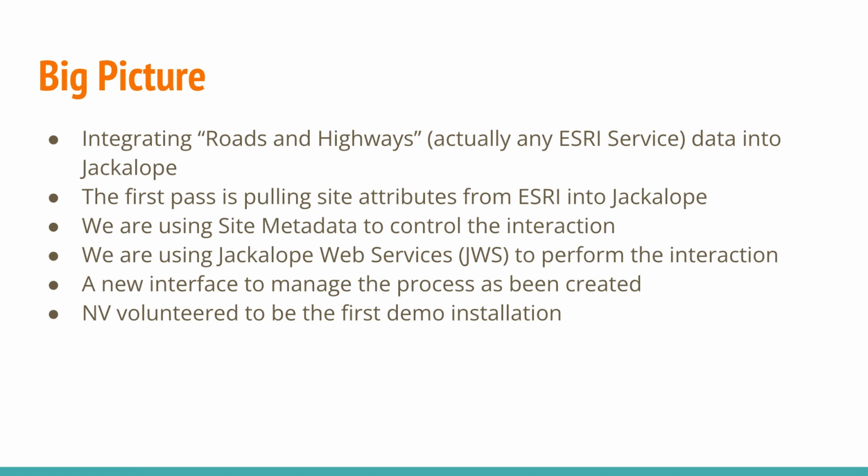We also talked about maybe pushing site information from Jackalope into roads and highways. So maybe there are certain fields that you want to edit in Jackalope, but have that pushed into your enterprise ArcGIS server. Those are things down the road that we will be getting to.